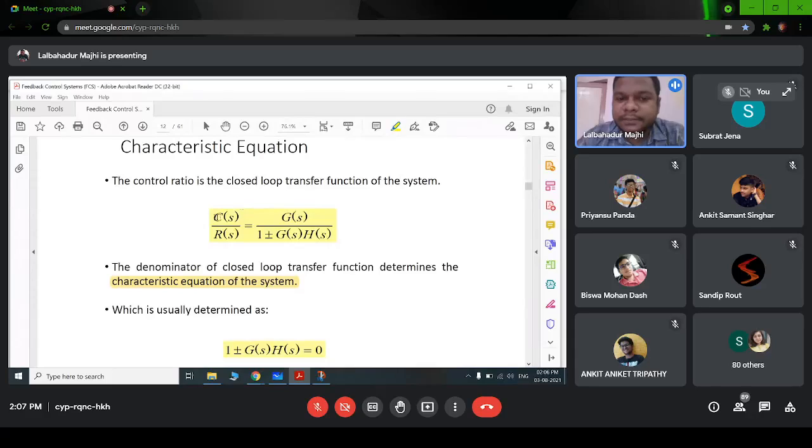The characteristic equation is normally written as 1 plus or minus G(s)H(s) equal to 0. This plus or minus is given because we don't know whether it is a positive or negative feedback system. So this is our characteristic equation of a closed loop transfer function.